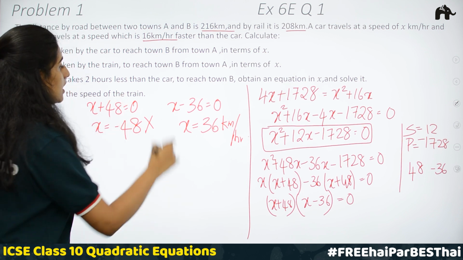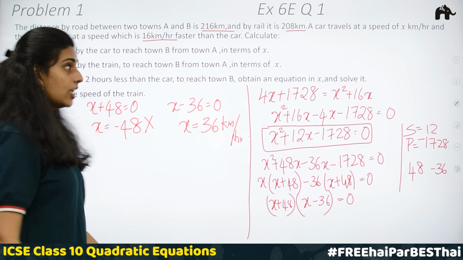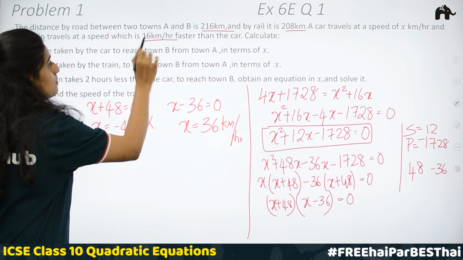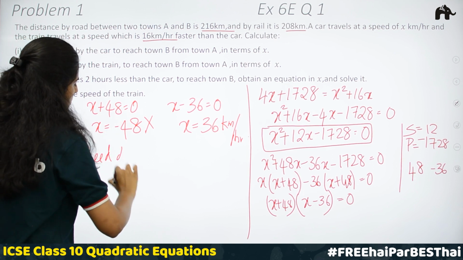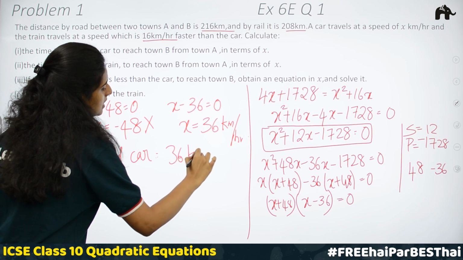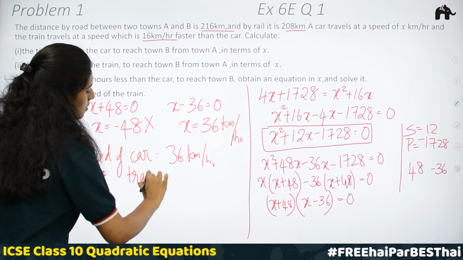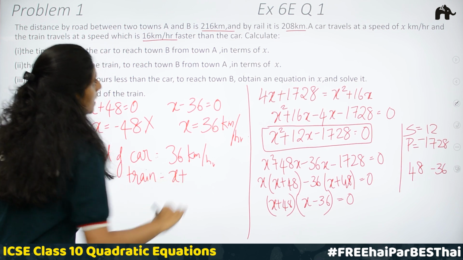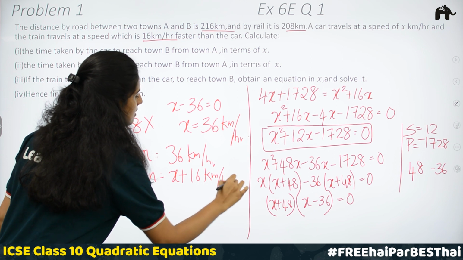What is the relation connecting the speed of car and the speed of train? Speed of train is x plus 16. Speed of car is equal to 36 km per hour. Speed of train is equal to x plus 16 km per hour.